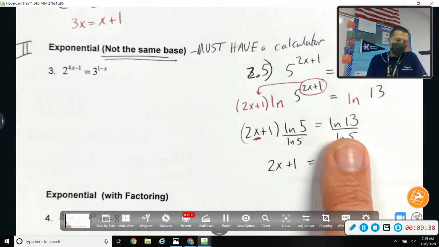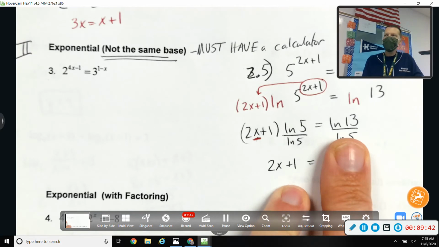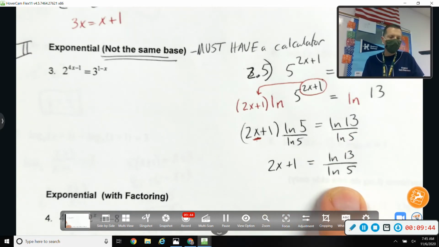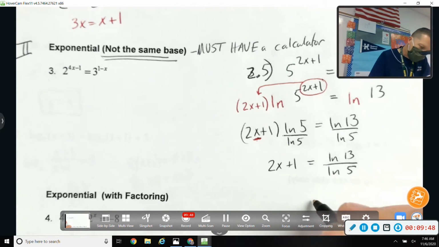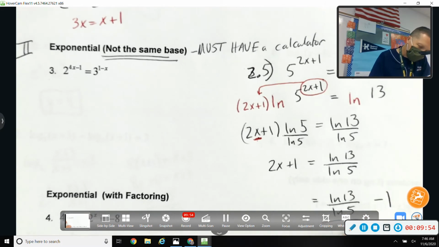Yeah. If you got 2x plus 1 on this side, let's subtract 1 and then divide by 2. So yeah, this side's kind of ugly, but no big deal. I'm going to subtract 1 and then divide by 2. So subtract 1 and then divide by 2.